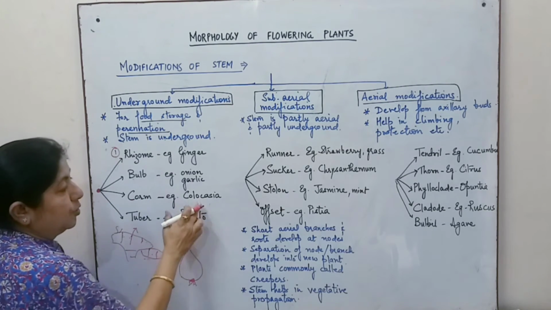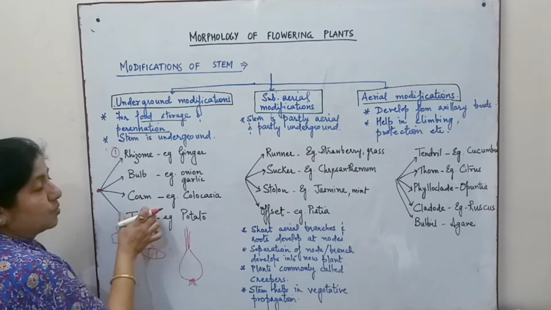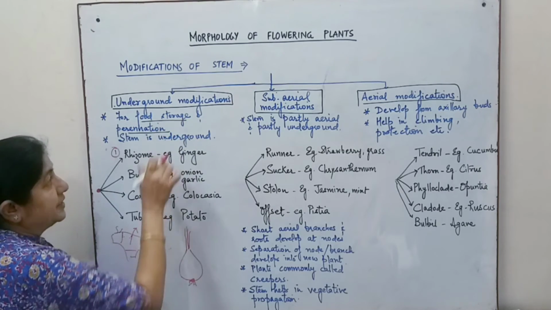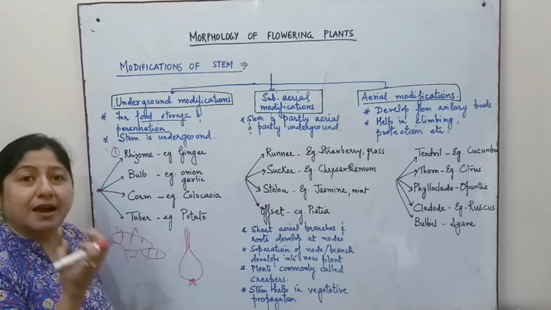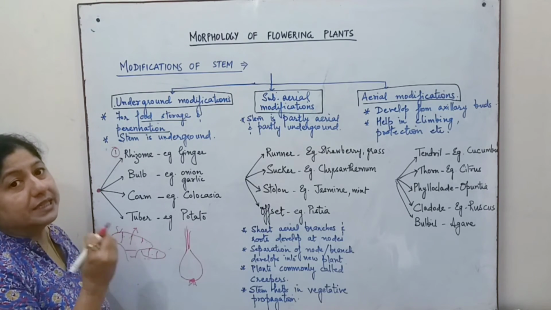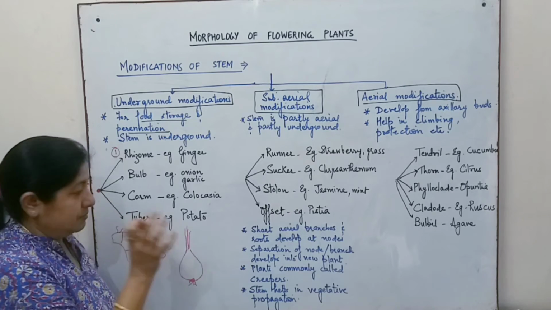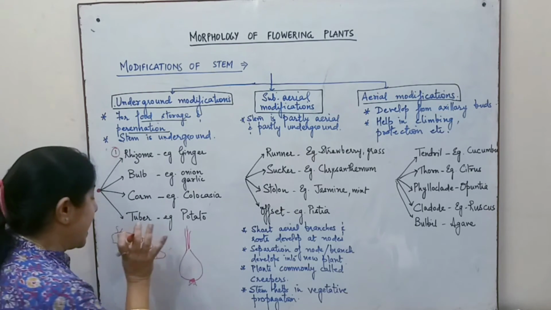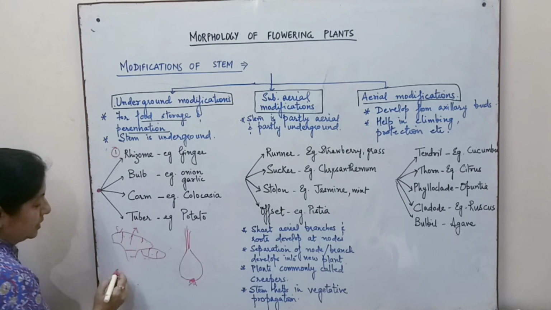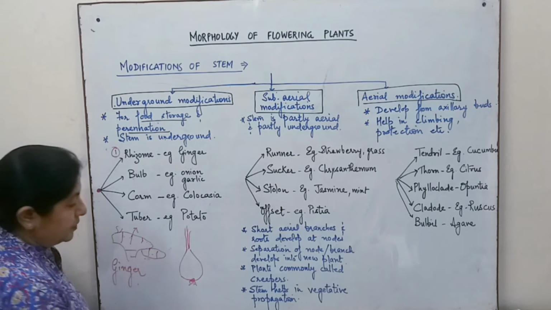The corm, colocasia, or in Hindi we call it arvi, is also a good example of an underground modification. In colocasia also the stem is highly swollen and you can see the structure of the nodes and internodes, but over here the nodes and internodes are not as clear as we see in the case of ginger or the rhizome modification of the stem.